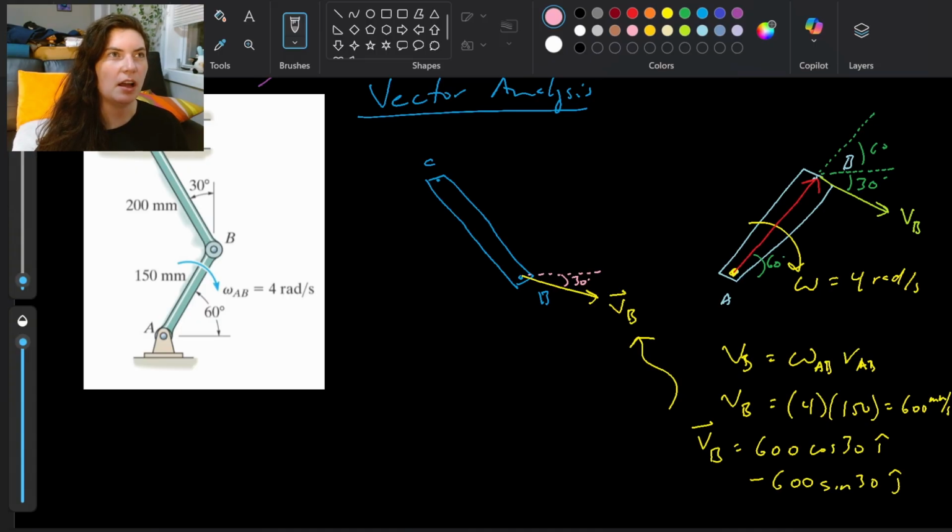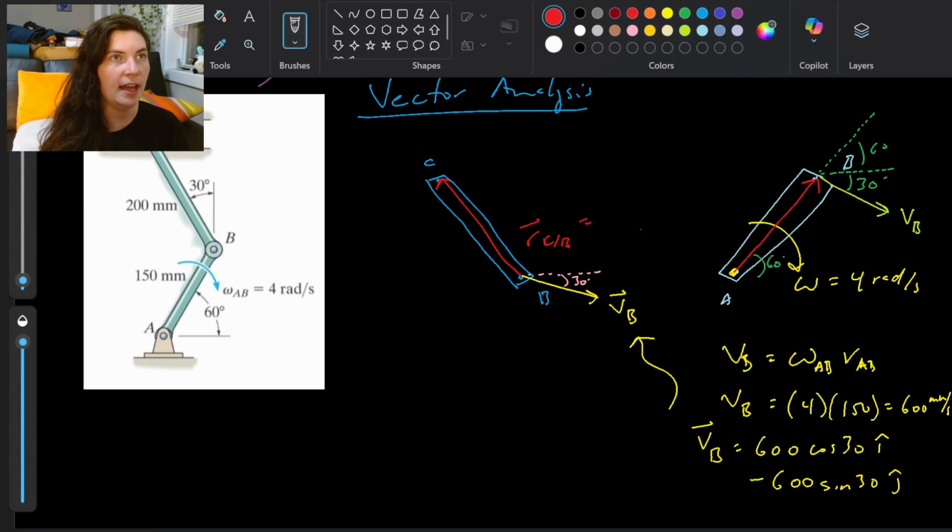So now I'm going to want some of that other stuff we talked about. I'm going to want VC, of course, that's what I'm trying to find, the velocity of C. I'm going to want a representation of the angular velocity of this bar, because bar CB is going to have a different angular velocity from bar AB. And I'm also going to have a different position vector, this time from B to C, r_C/B.